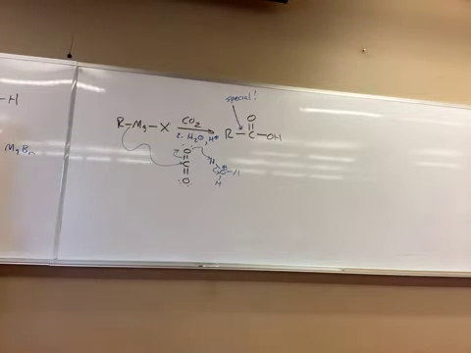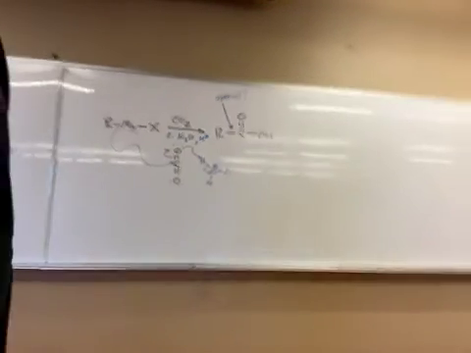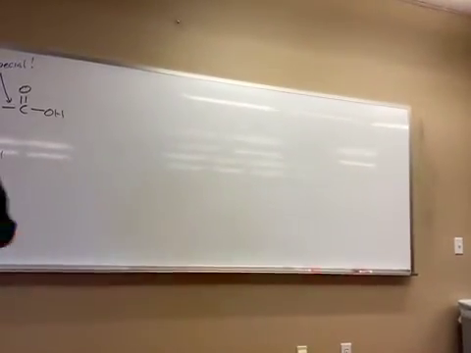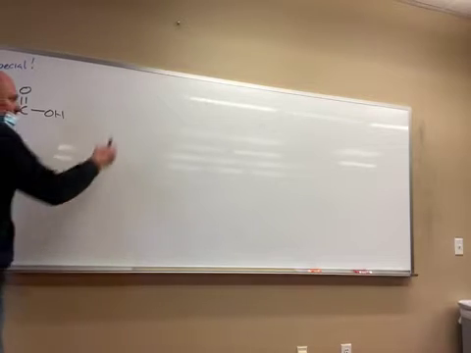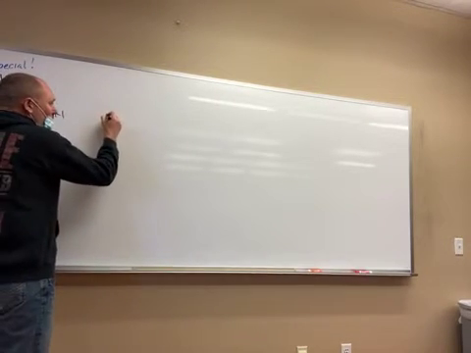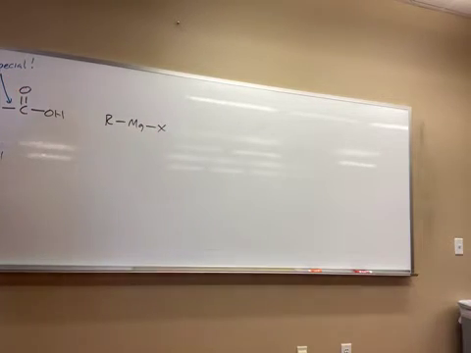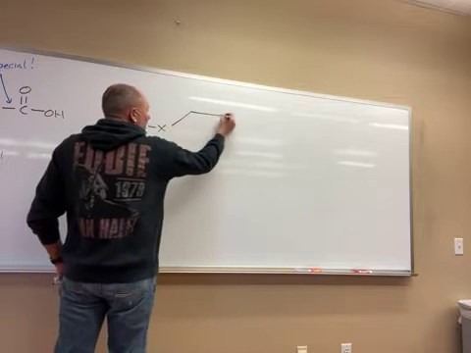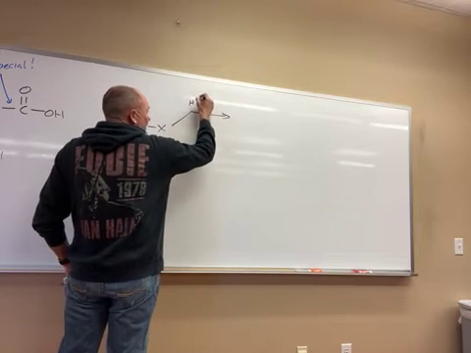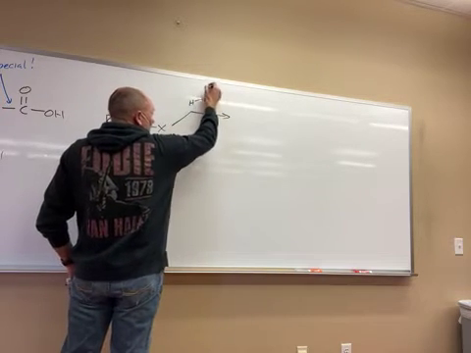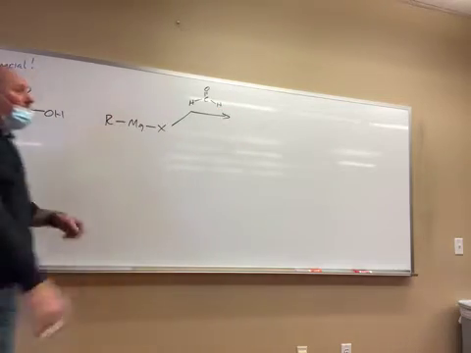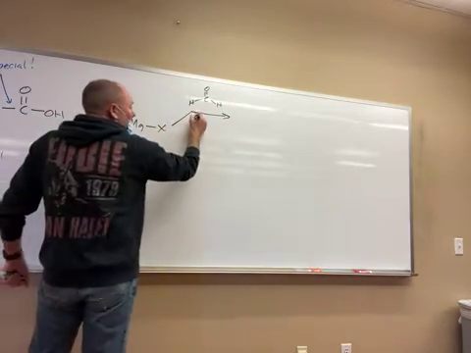A couple other, really there's two other main groups of reagents that we use on the Grignard. One of them is going to be aldehydes and ketones. So if I use formaldehyde, again under acid water wash.